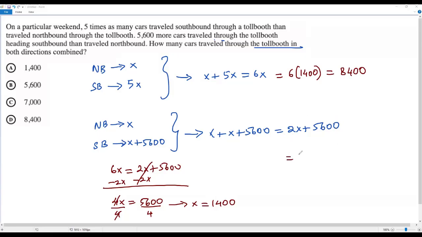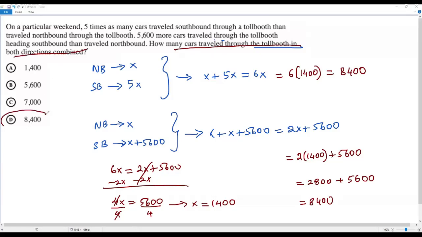Anyways, we can check it. There is 2 times 1,400 + 5,600. So 2 times 1,400 is 2,800 + 5,600. So when I add them, I'm getting 8,400. So the number of cars traveled through the toll booth in both the directions combined is 8,400.